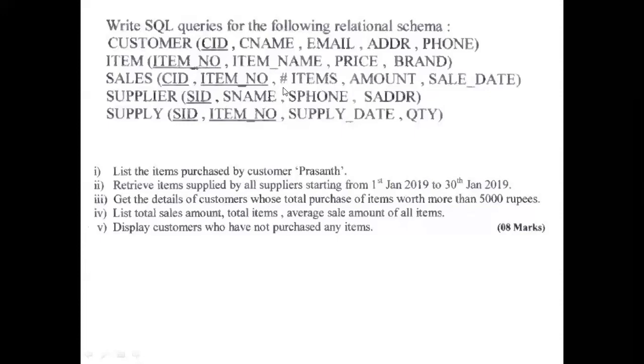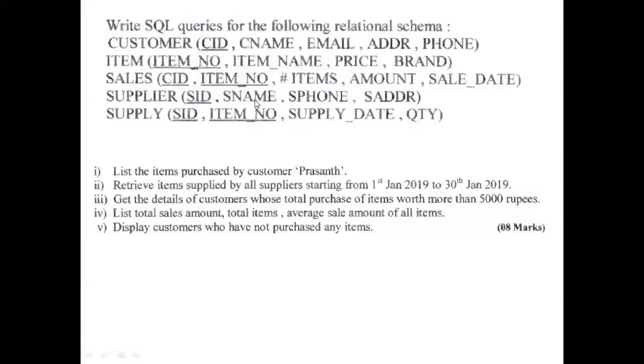In reality, we cannot use a hash symbol in naming an attribute, but since this is not the real one that we are going to implement, we shall consider the attribute name as hash items.